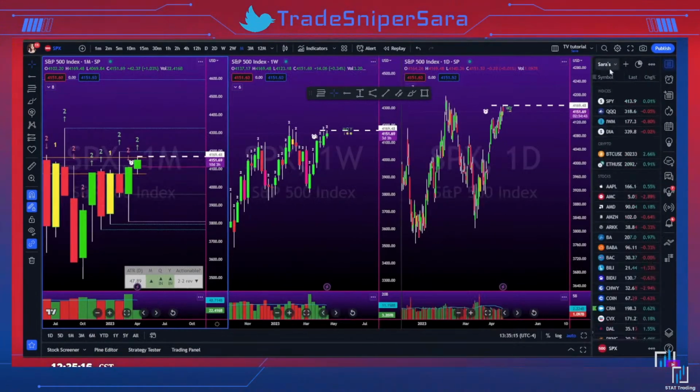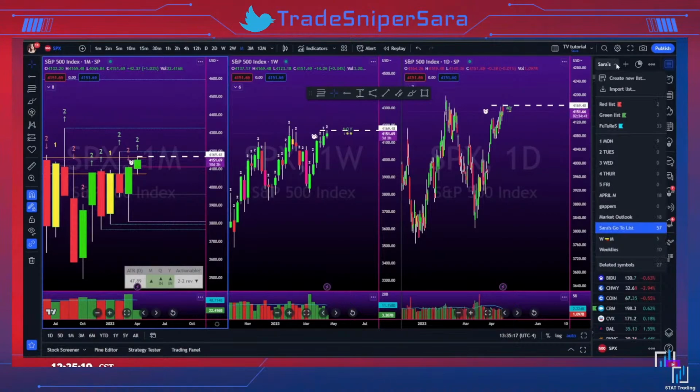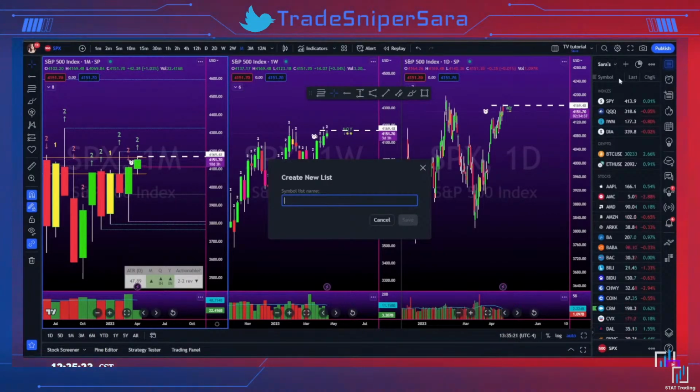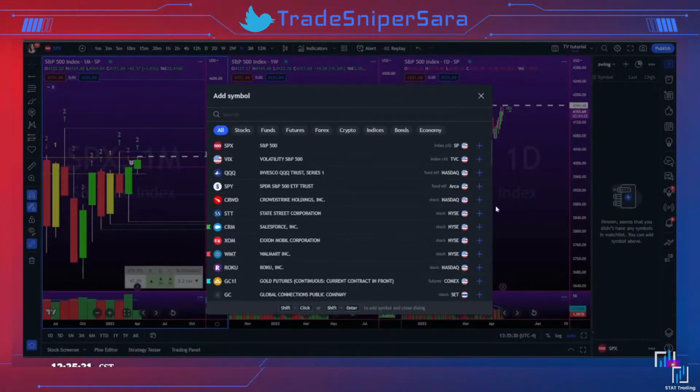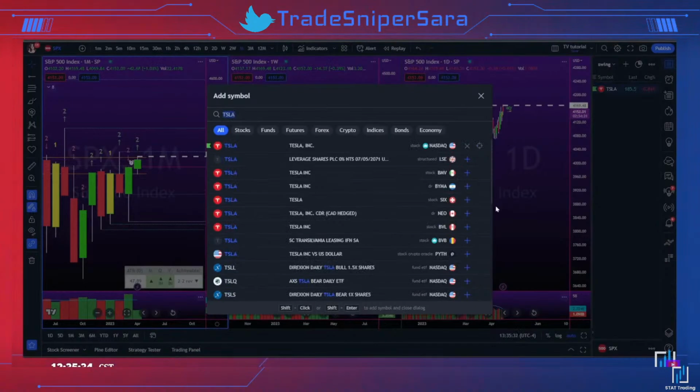I think everybody knows pretty much how to use a watch list, but if not, you can create a new list. You can call it swing. And then to add tickers, you just hit the plus sign. And see over here on the right side, it's adding them.